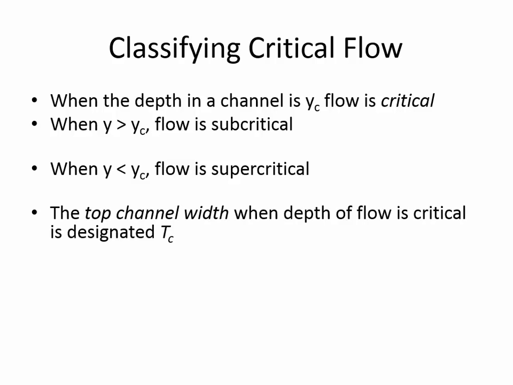When you have a channel that's rectangular, then the top width is always just going to be the same as the bottom width of the channel. But if you have a trapezoidal channel, then the top width is changing depending on how deep the water is. So, here in a rectangular channel, it's easy to know what the top width is because as the water gets deeper and deeper, the top width stays the same.